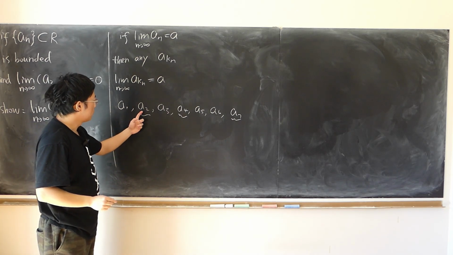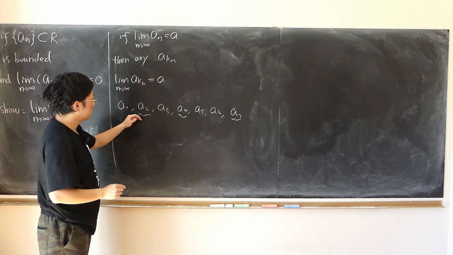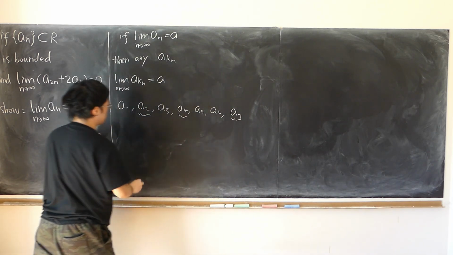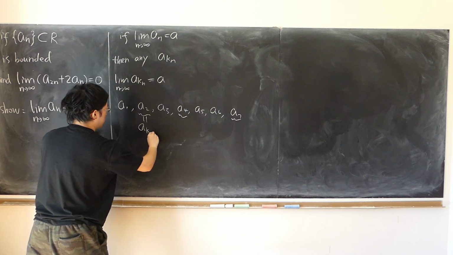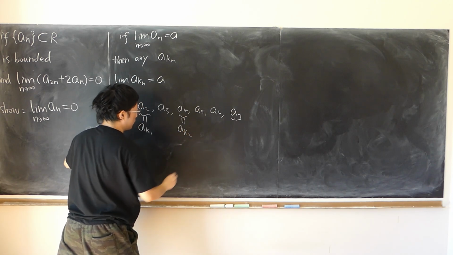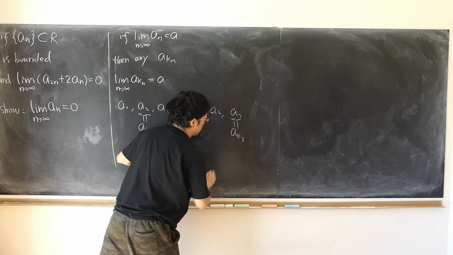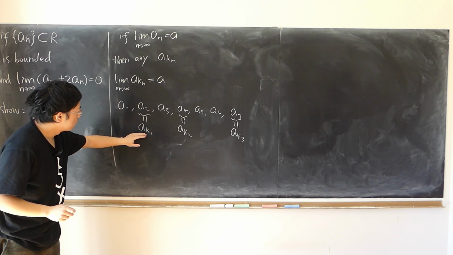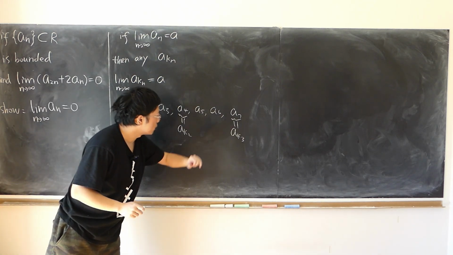You cannot say first one, second one, third one and then go back. It has to go forward. First, second, third, which means this is my A sub K1. This is my A sub K2. This is my A sub K3. So the subscripts of my subsequence are K1, K2, K3.